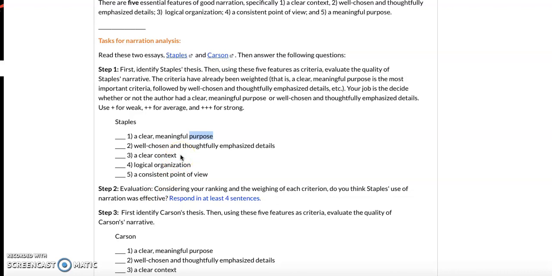The reason why it didn't have a clear context is because I pulled it out of context. That was actually the first chapter from the book Silent Spring. And if you didn't know that, reading this narration, it doesn't make any sense to you. So that clear context is really important, making sure that people understand in what context this narration is happening and what the purpose is. I think context and purpose are really closely linked.